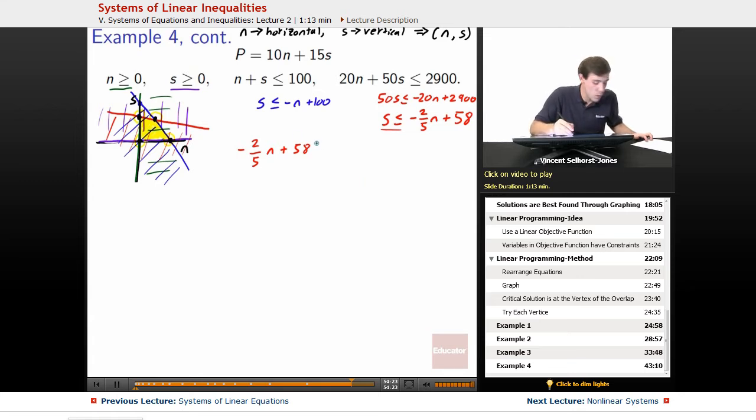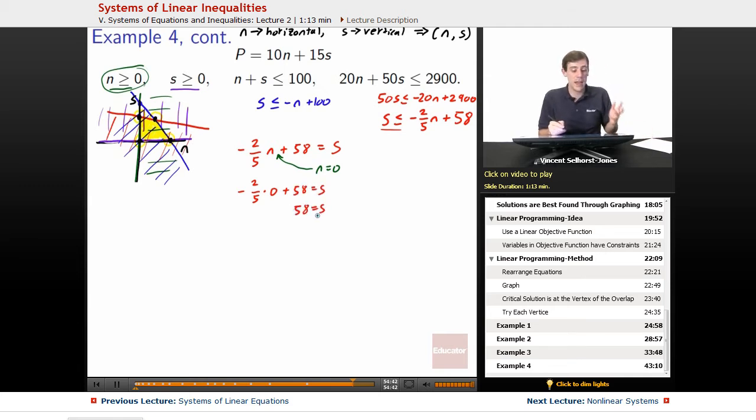We can treat N greater than or equal to 0 as N equals 0 because we're only dealing with lines here. So we plug that in: -2/5 times 0 plus 58 equals S. So 58 for S and 0 for N. The point that we get out of this is N 0, S 58. So 0, 58 is one of our points so far.